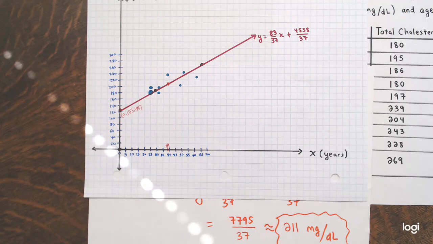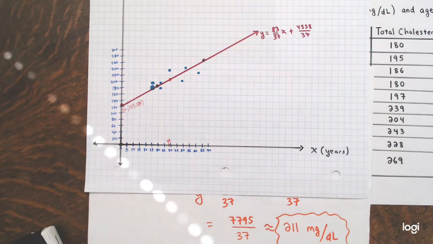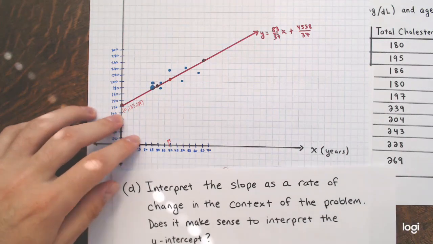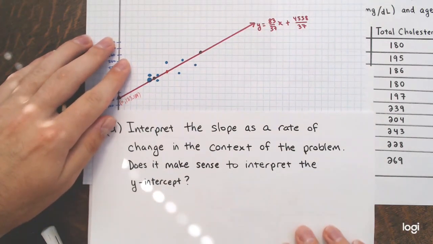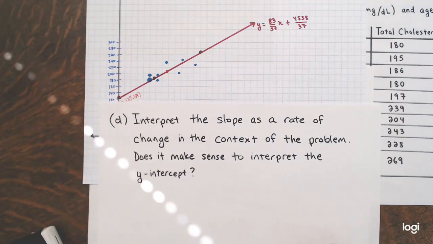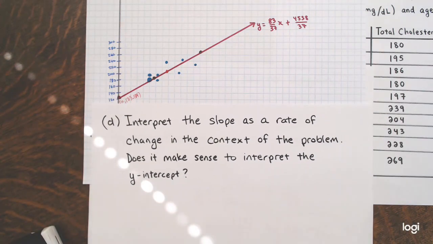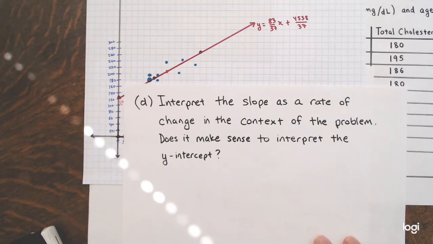Okay. And then I have one final part to this scatter plot, scatter diagram, fitting a line in there and then using it to make a prediction. The final part is interpret the slope as a rate of change in the context of the problem.